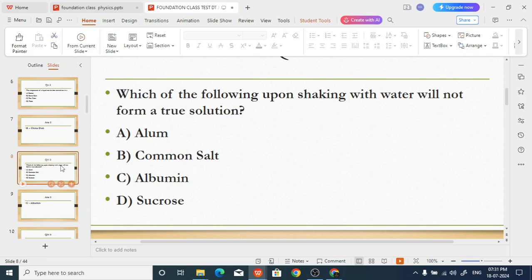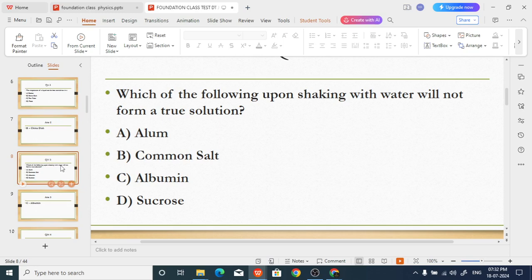Which of the following upon shaking with water will not form a true solution? What is that? Common salt, sir. Think over.